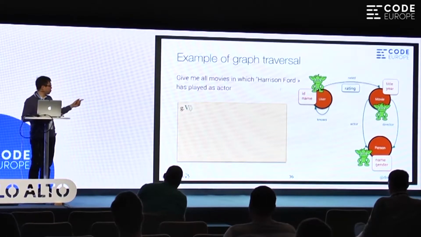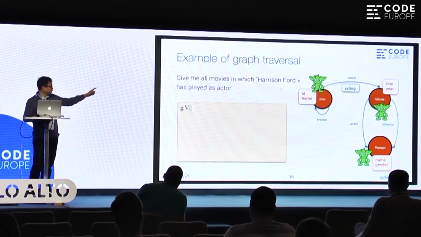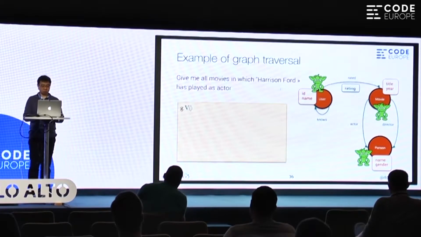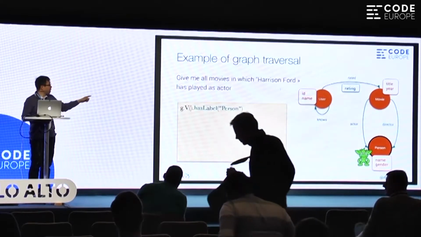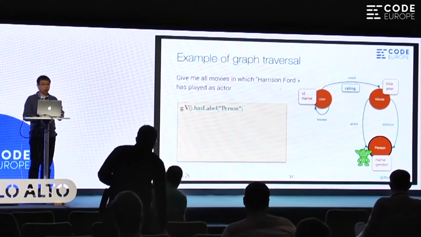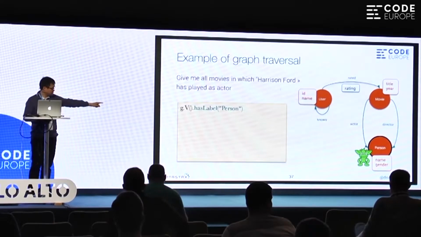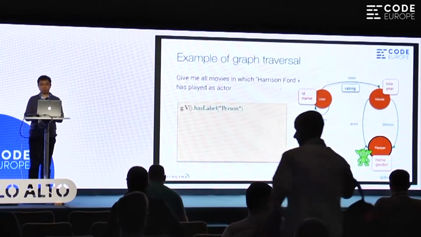So g.V means I will fetch user vertices, movie vertices, and person vertices. But I don't want all of those vertices. I only want Harrison Ford. So next, I say g.V.hasLabel person. I want only the vertices with the label person. Right. Okay.